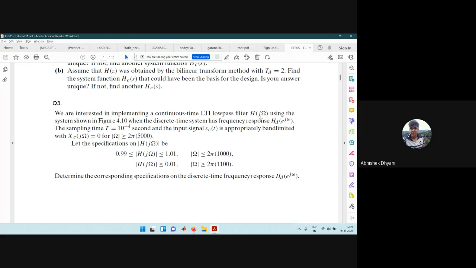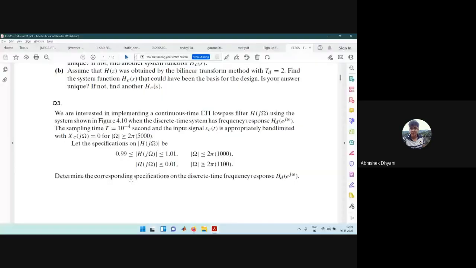Other things given to me are the sampling time, 10 to the power minus 4 second, and the input signal's frequency response, which is band limited like this. And these are the specifications given for the continuous time frequency response. It says that we have to find the corresponding specifications on the discrete time frequency response H_d.